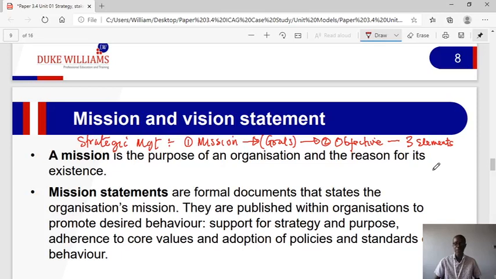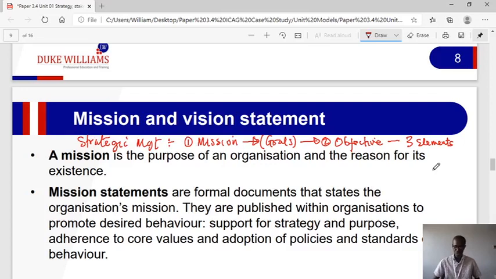Now, a mission is the purpose of an organization and the reason for its existence. When you talk of the mission of an organization, all you are saying is: what is the purpose of the organization? To provide business education, like Duke William, that is the purpose.